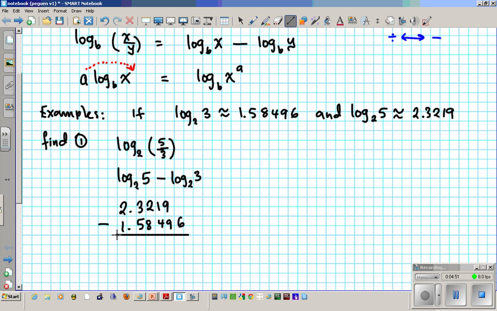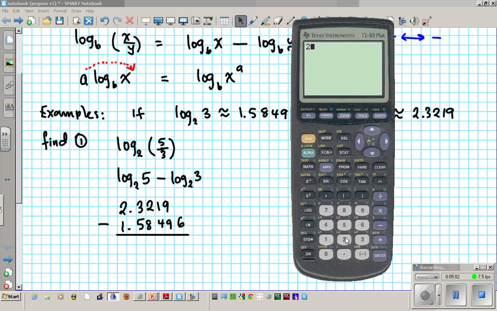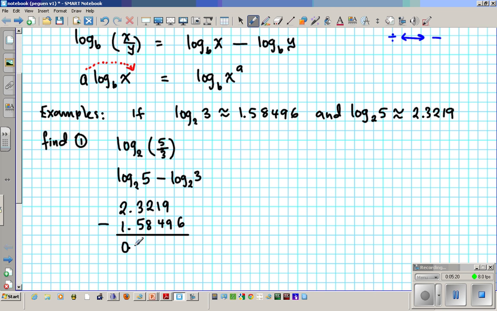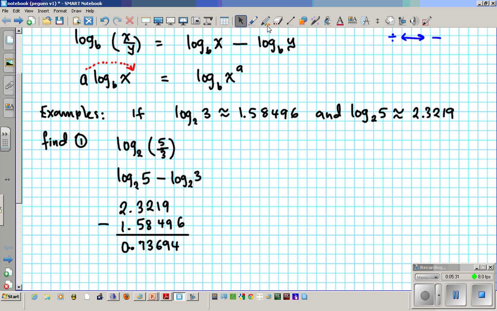Let's use a calculator to make sure we don't make mistakes. 2.3219 minus 1.58496. The answer is 0.73694. So that's our first answer. Simple and short.